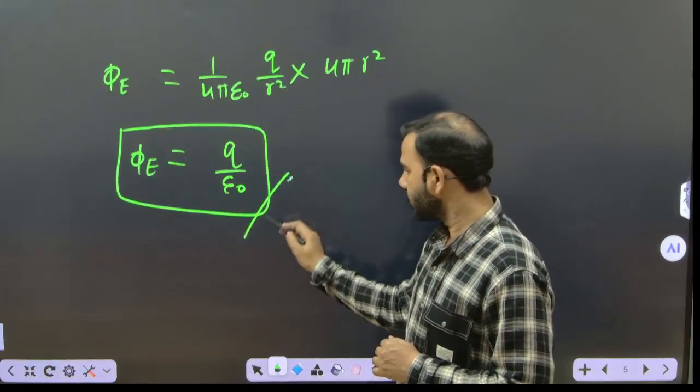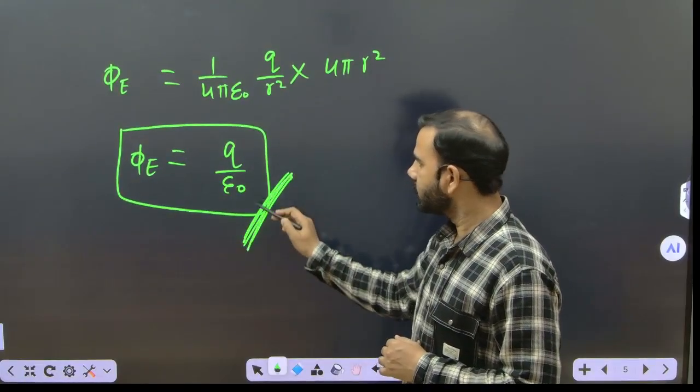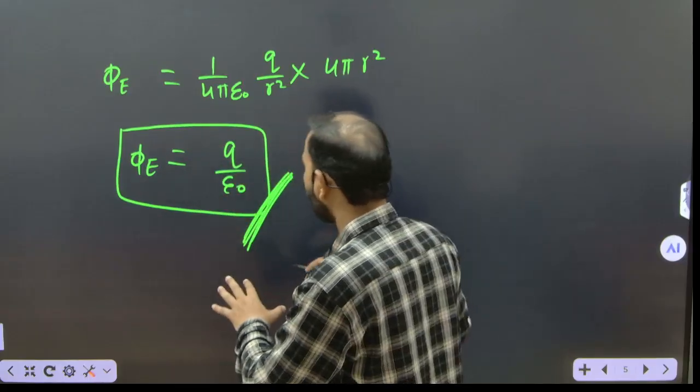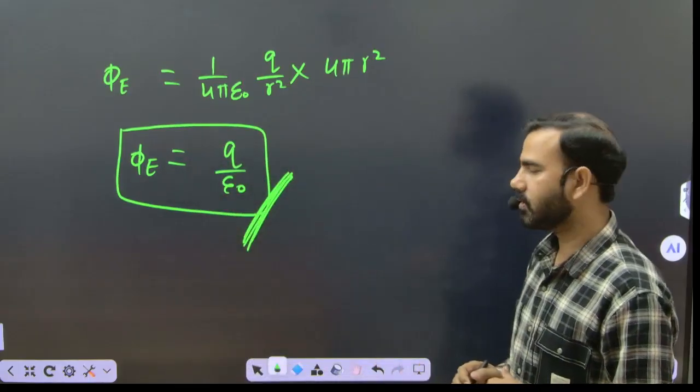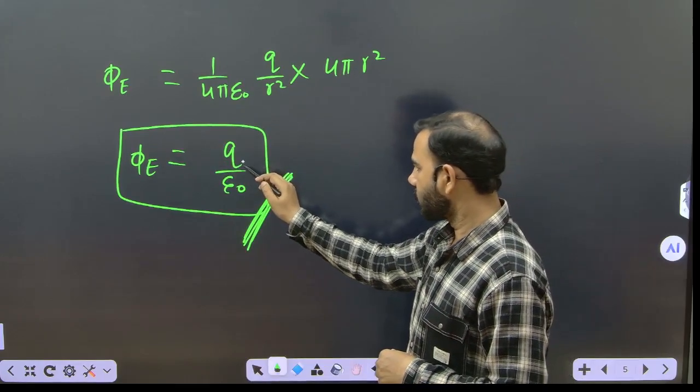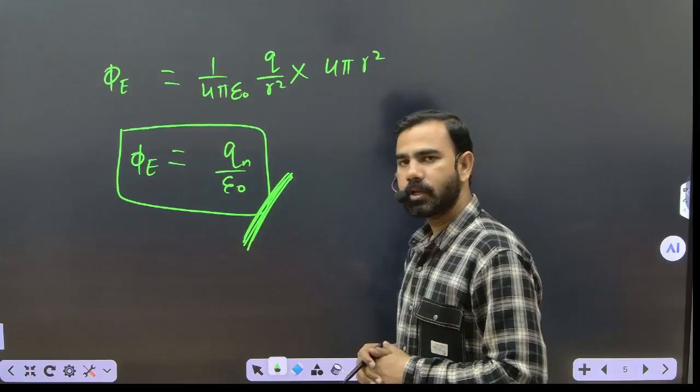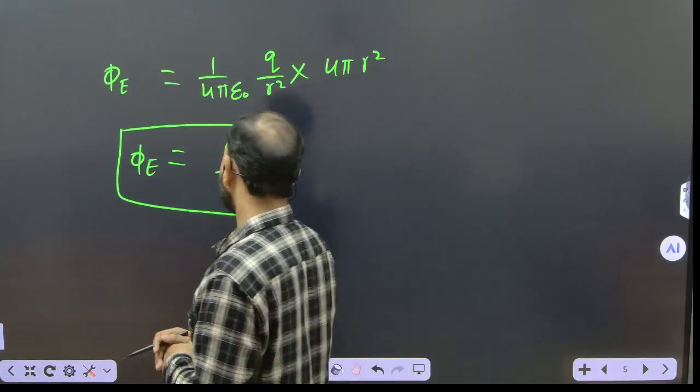So here we have cleared that the electric flux coming out through any enclosed surface is 1 by epsilon naught times the net charge.